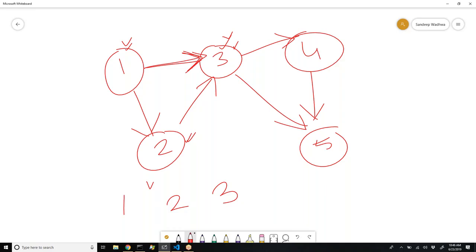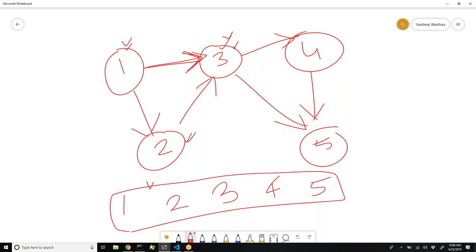Okay, then after 3 can we do 5? No. So this order we want to produce, given any graph, if you list this order, it is called topological sort of a graph.